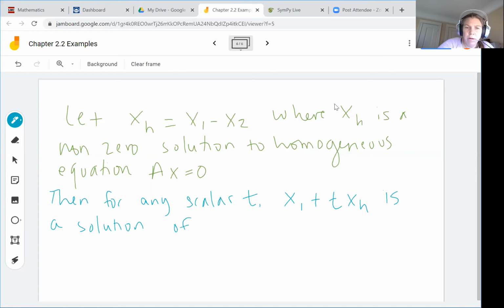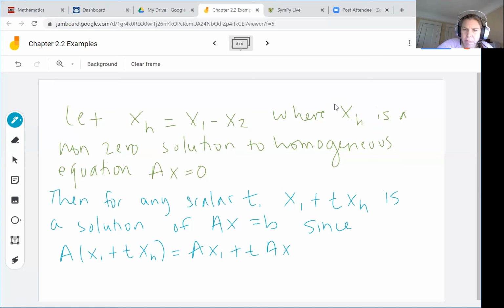of AX equals B. And that is since A times (X1 plus t X sub H), we can distribute through and get matrix A times X1 plus t times A times X sub H using our matrix properties.